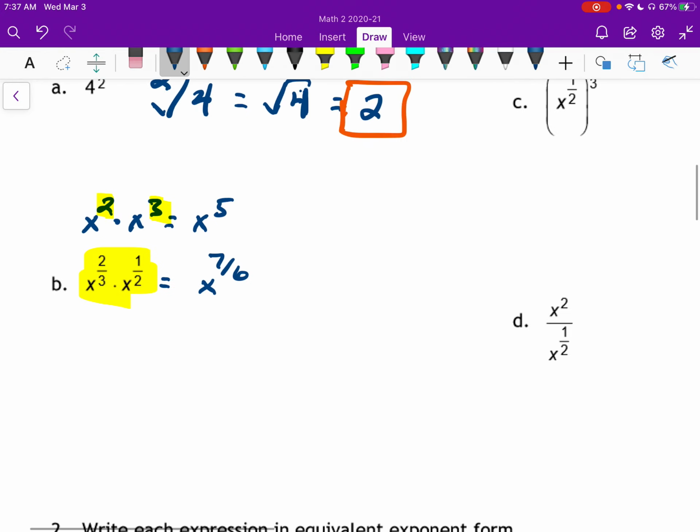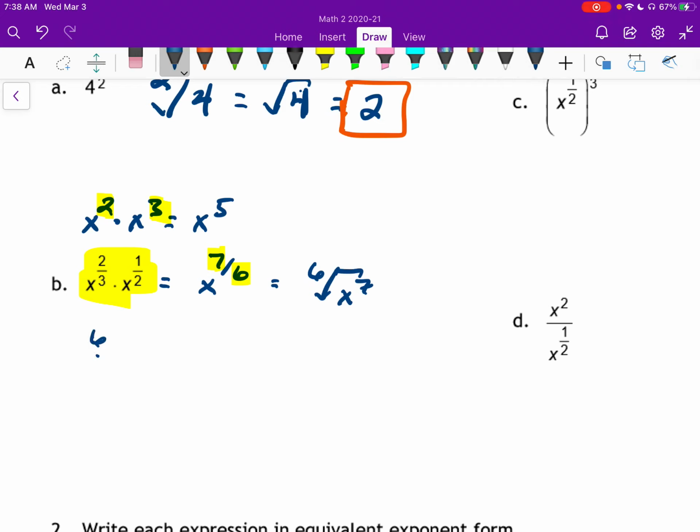We need to write this in radical form. The 6 becomes our root, and the 7 stays in the exponent. So this will be the 6th root of x to the 7th. And because we need to simplify our root, we have 7 x's underneath the root, so we can take one out. Think about it like this.